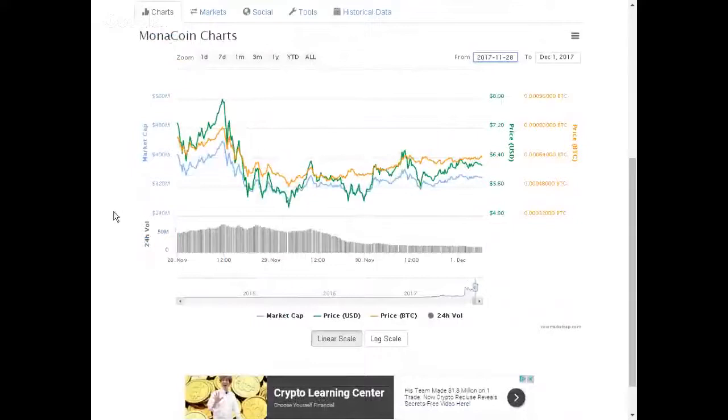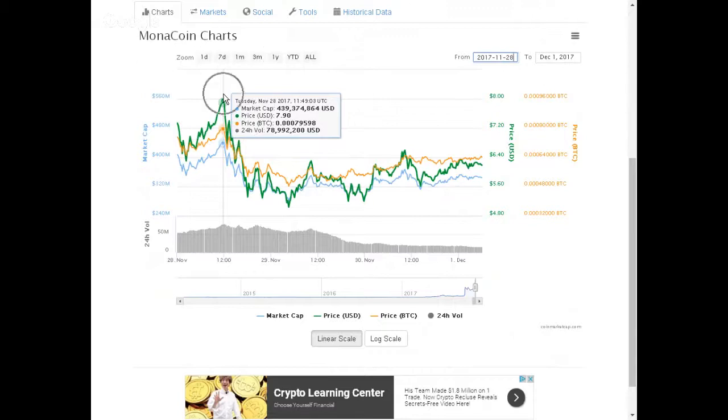All right, Monacoin. Yeah, it looks like the Bitcoin value is trending up. It's around 64,000 satoshis. But it would have been really better to buy your Bitcoin or sell your Monacoin right here at this point. That's how you're going to get a lot more Bitcoin.